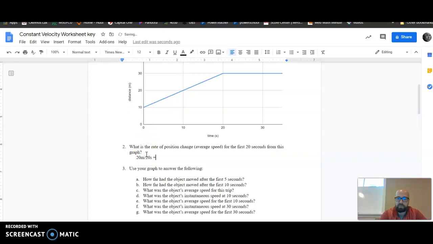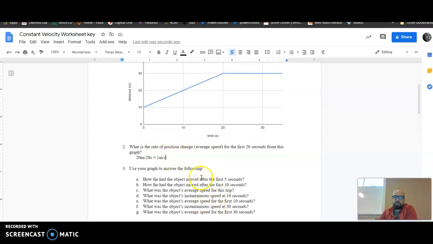If you get your calculator out and punch that in, 20 divided by 20, you might have to use your toes, but that is 1 meter per second. So it's really asking, what was my average speed, which I know is constant because this is linear, during those 20 seconds? And that's 1 meter per second.